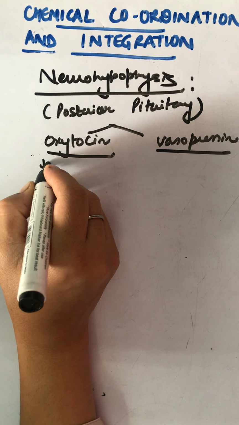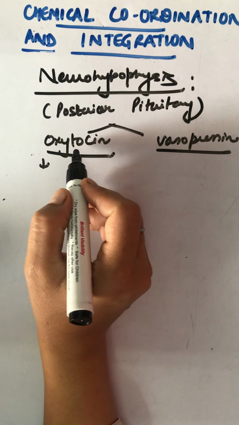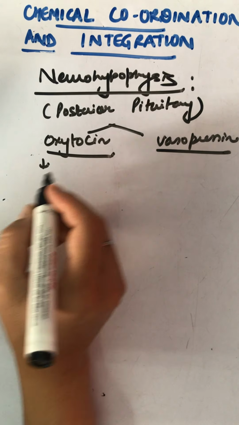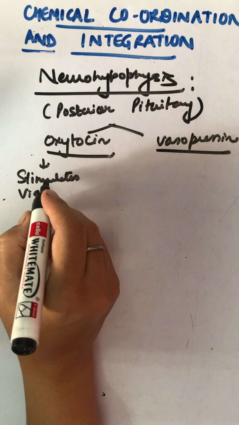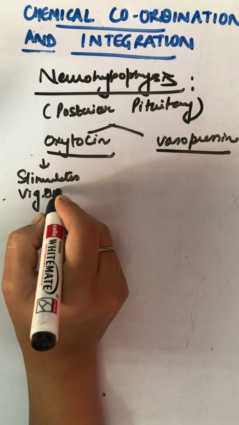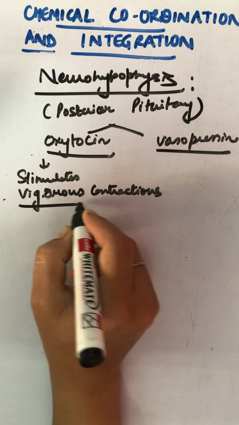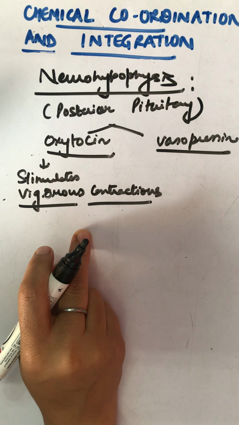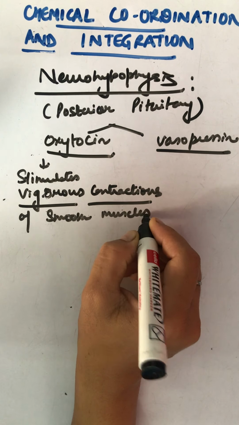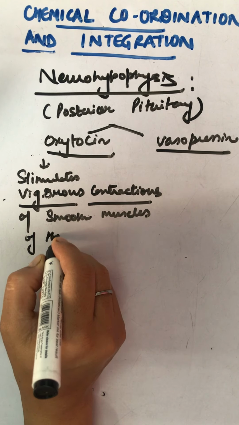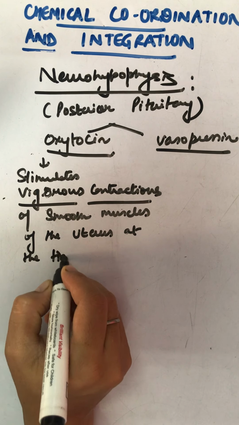Oxytocin, what does it do? The vigorous contractions that happen at the time of childbirth are basically stimulated by this oxytocin. So what does it do? Stimulates vigorous contractions of smooth muscles of the uterus at the time of childbirth.